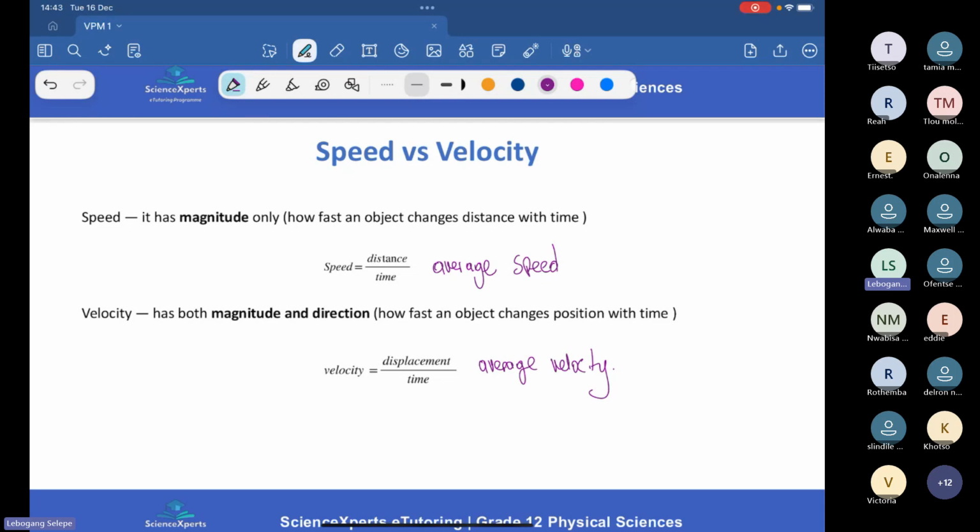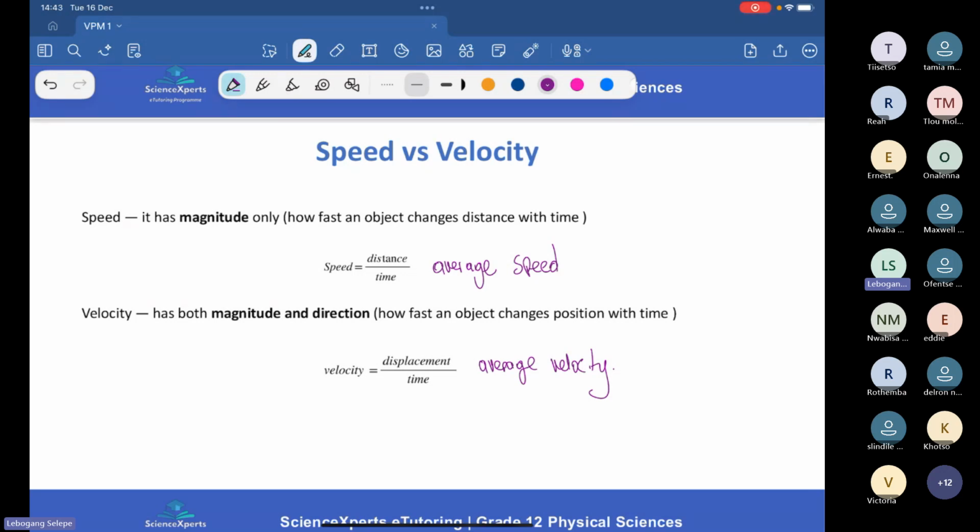How fast are you displaced? There are two related concepts, but they're not the same. It's not always the case that the speed of an object will be the same as its velocity. The average speed of an object is not the same as the average velocity.